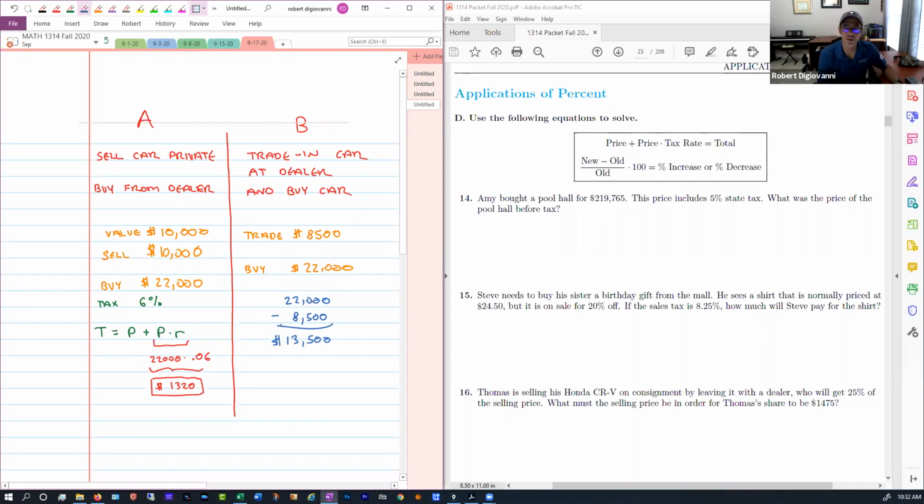So 13.5 is the actual price that you have to pay taxes on. Does that make sense? So now let's figure out how much taxes would be on that. 13.5 times 0.06 would be, oops, $810.